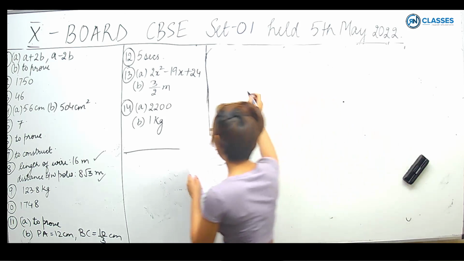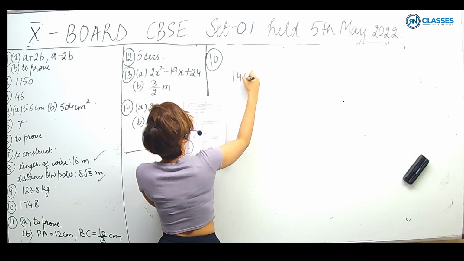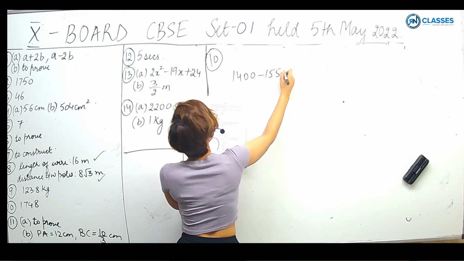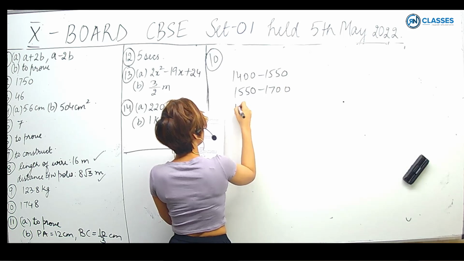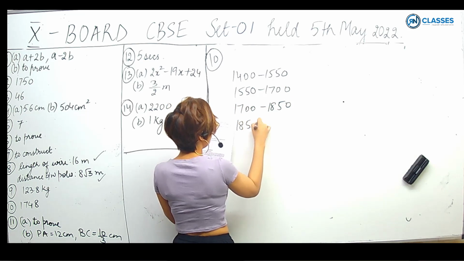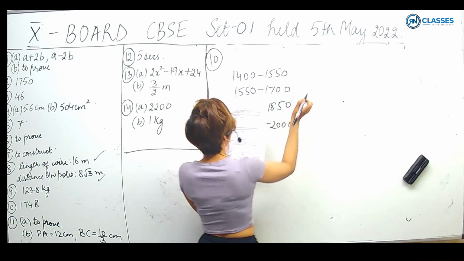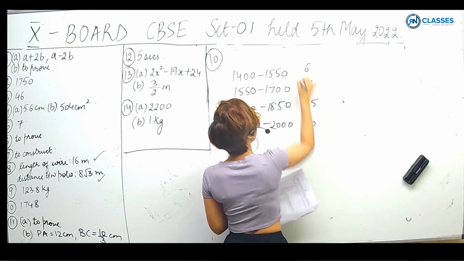Alright, question number 10, I am interested in the median. So again, I need the table, so I will write 1400 to 1550, then 1550 to 1700, 1700 to 1850, and then 1850 to 2000. Obviously, my frequencies are 6, 13, 25, and 10. Right?